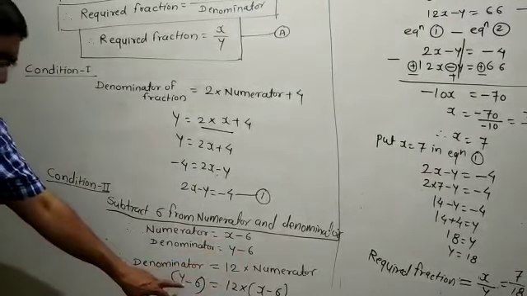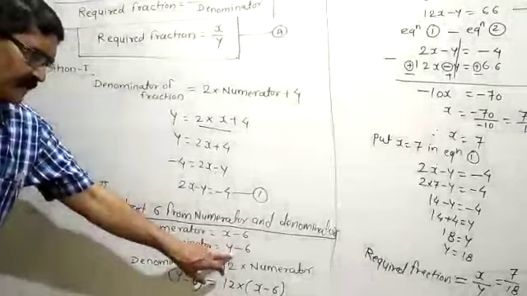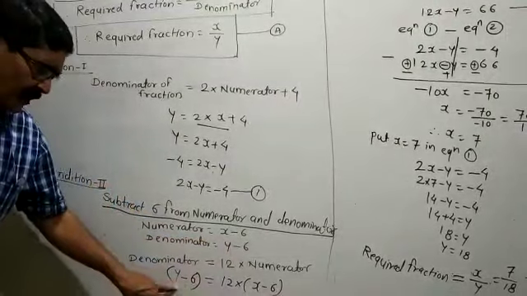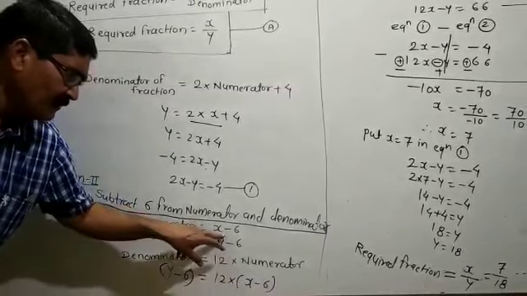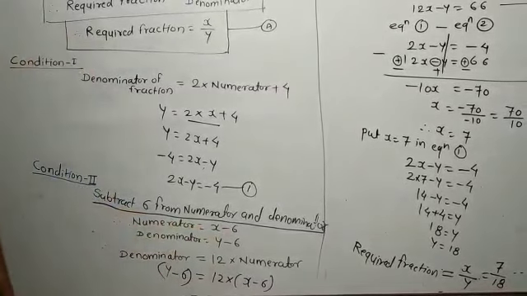Then the remaining condition: the denominator becomes 12 times numerator. Denominator is y minus 6, and 12 times numerator means numerator is x minus 6.